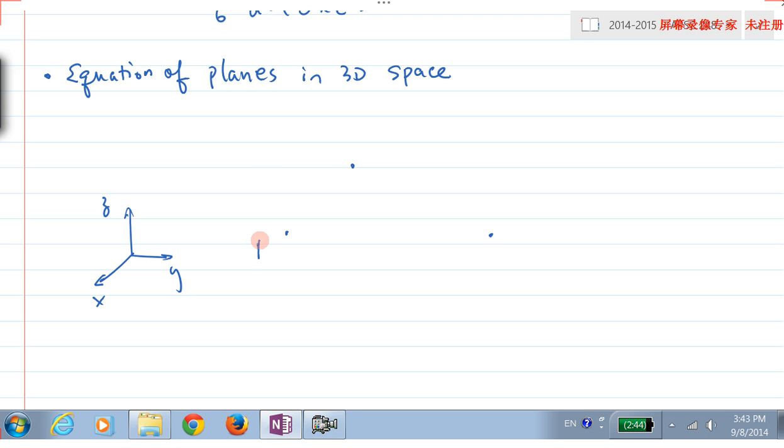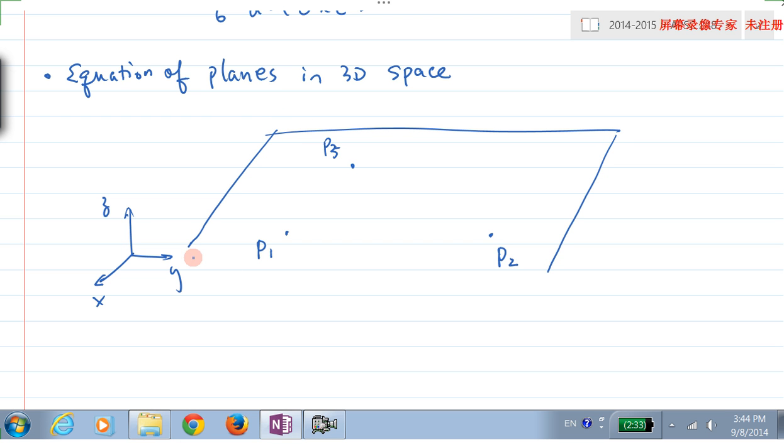Let's call them P1, P2, and P3. I can draw a plane passing through the 3 points. So the question here is, given the 3 points P1, P2, P3, what will be the plane equation?